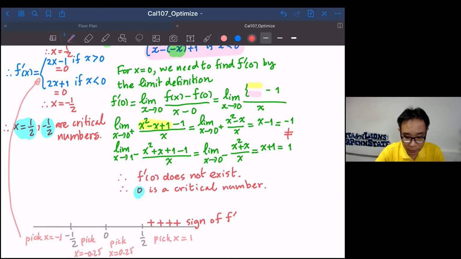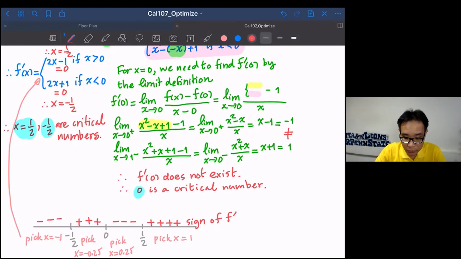Plug in x equal to 0.5, you get negative. Plug in x equal to negative 0.5, you get positive, and negative for x equal to negative 1.